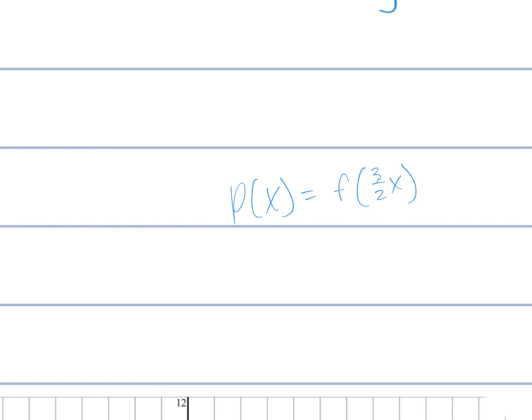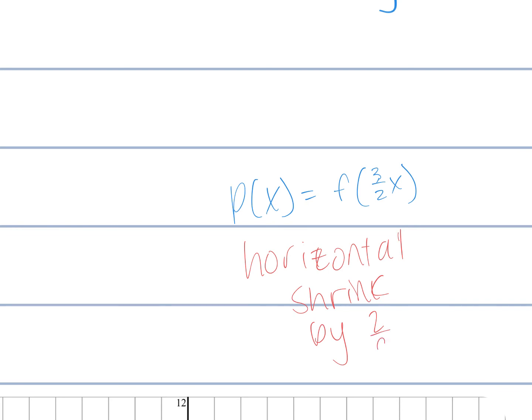Who thinks they know what this one is? Austin? Is it a horizontal shrink by 2 over 3? Excellent. Horizontal shrink by 2/3.